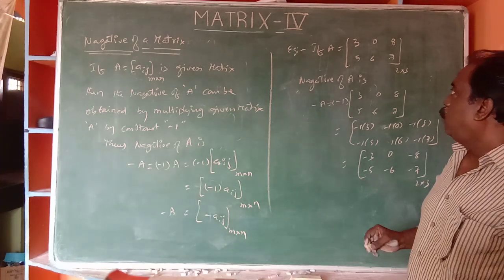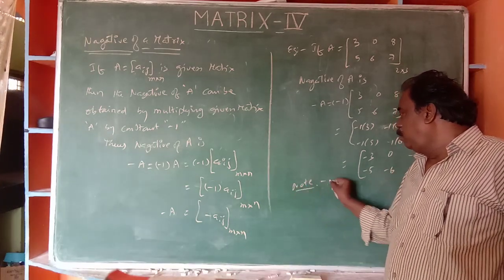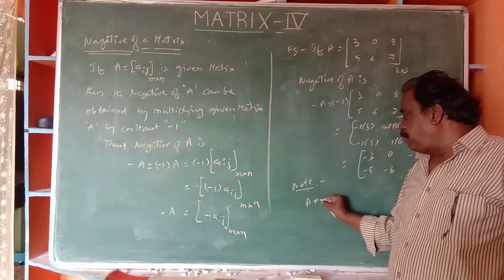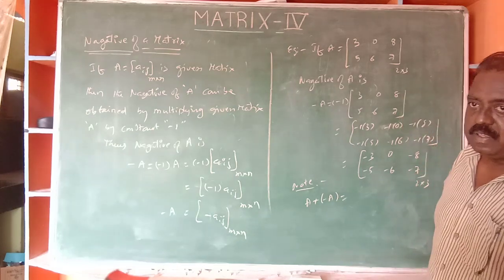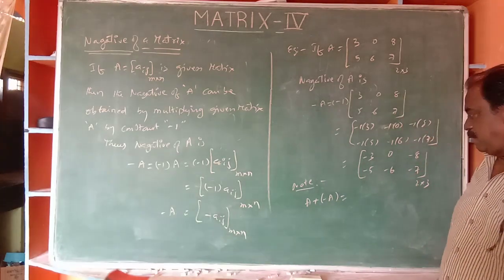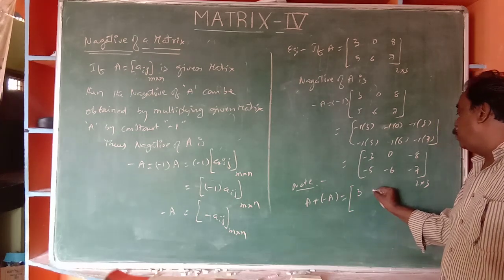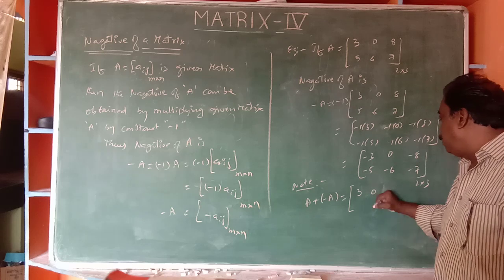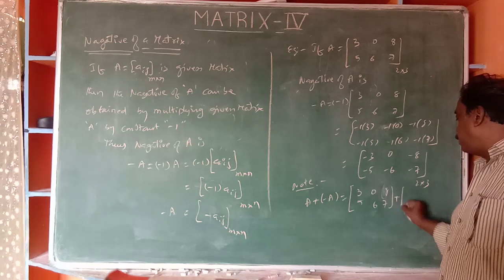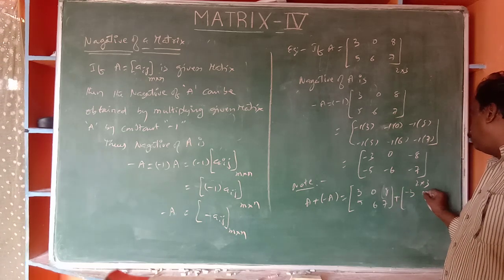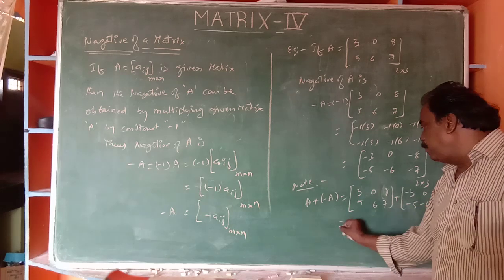Right. You see, here one note, observe. A plus minus A, what will happen? A matrix is added with its negative matrix, we will get a null matrix. You see here 3, 0, 8, 5, 6, 7, plus minus A is nothing but minus 3, 0, minus 8, minus 5, minus 6, minus 7.